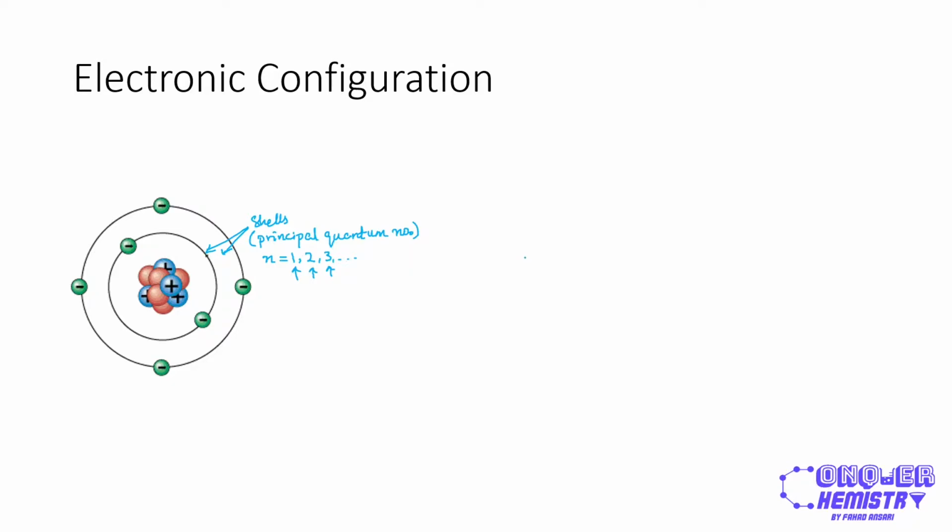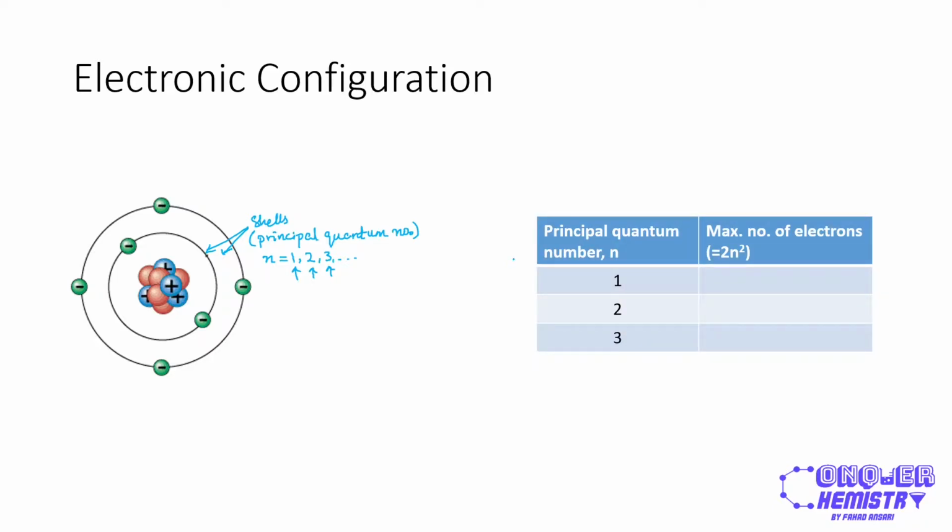So these shells can hold a maximum number of electrons depending on how close the principal quantum shell is to the nucleus. And this maximum number of electrons is given by this rule, 2n squared. So for example, if we have shell number 1, the shell that is closest to the nucleus, the maximum number of electrons it can hold is 2 times 1 squared, which gives us 2.